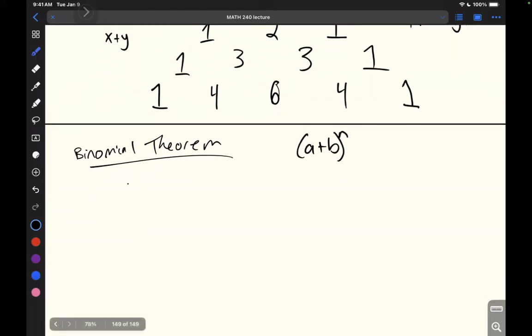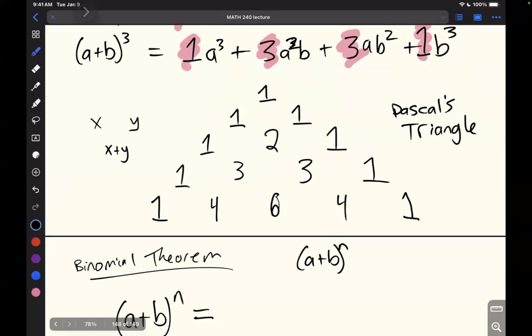So we have a plus b to the n is equal to, and here we just want to write out the coefficients of that row of Pascal's triangle. This is for n equals 0, n equals 1, n equals 2, n equals 3, n equals 4, and so on.